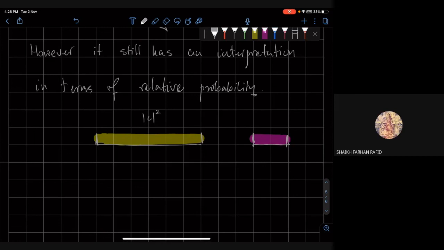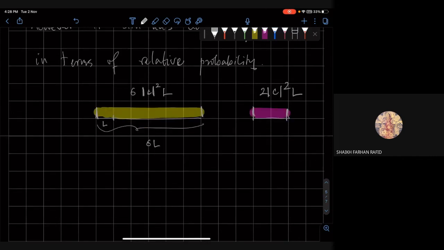Should it be the same on both sides? Let's see. The length of this interval is 6L, where this is, say, L. So the probability density is c squared. The relative probability of finding it here is c squared times 6L, whereas the relative probability of finding it here is going to be c squared times 2L.